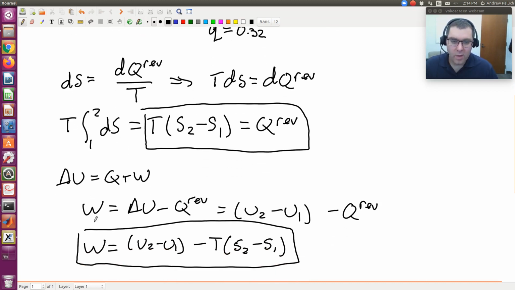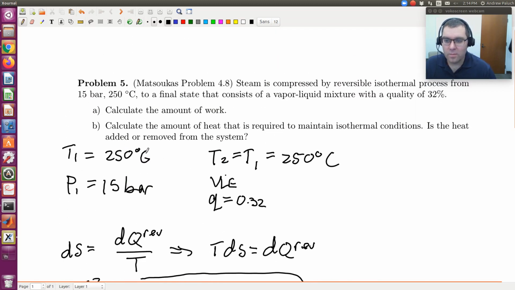So what I need to do then is go to my steam tables and look up U1 and S1.